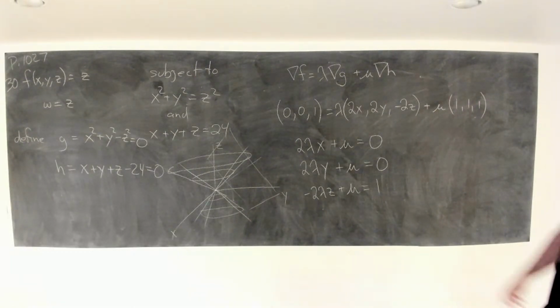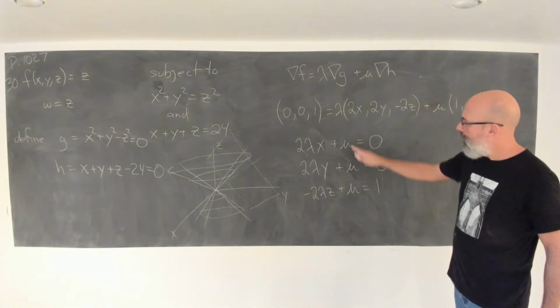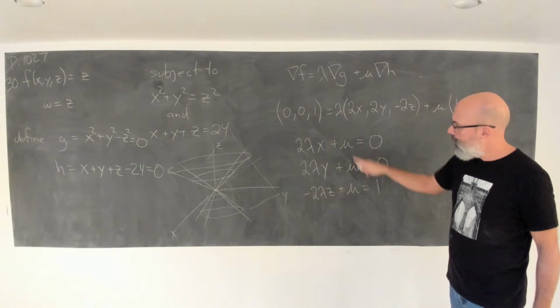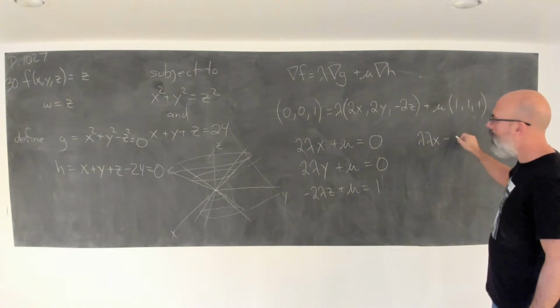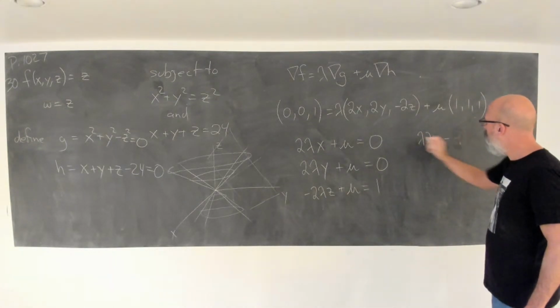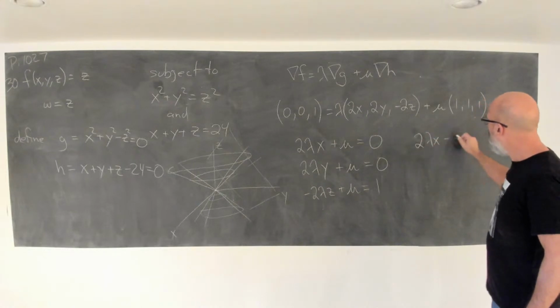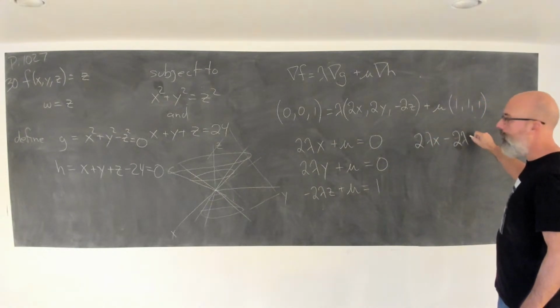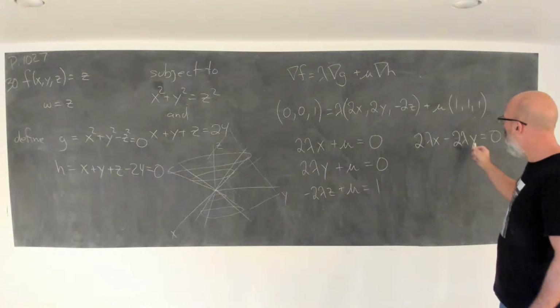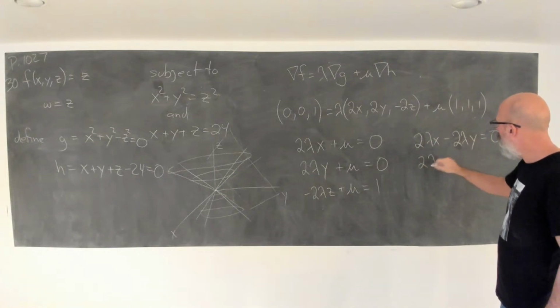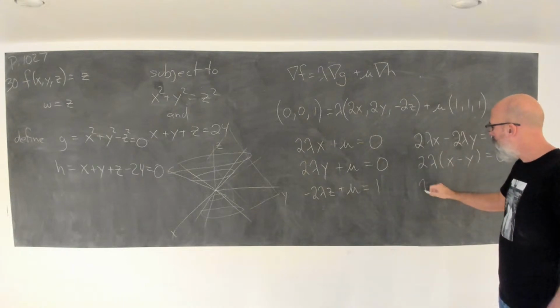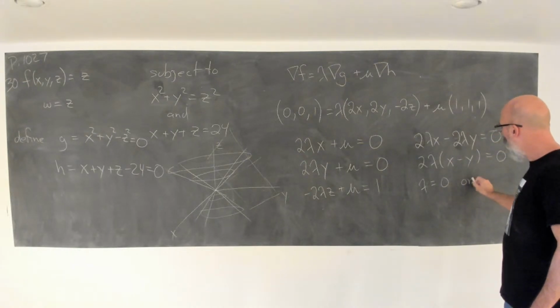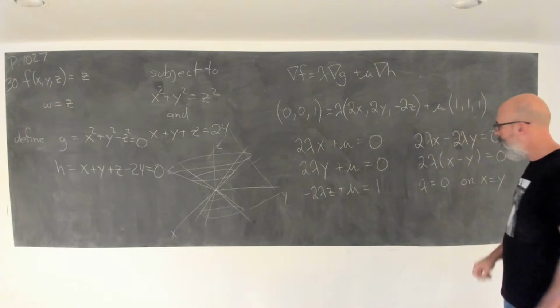Very well. We can subtract these two to get rid of the mu. And we get 2 lambda x minus 2 lambda y is equal to 0. And if we factor out a 2 lambda, we get x minus y equal to 0. So lambda is equal to 0, or x is equal to y.